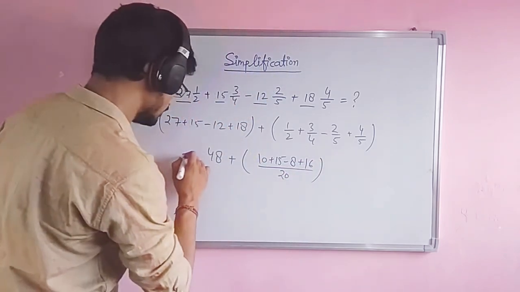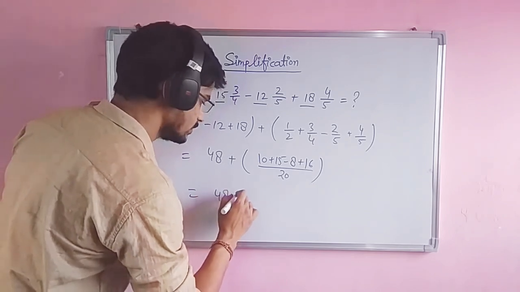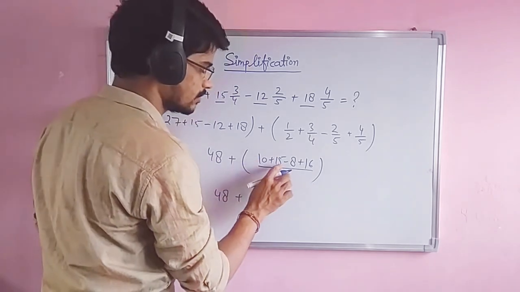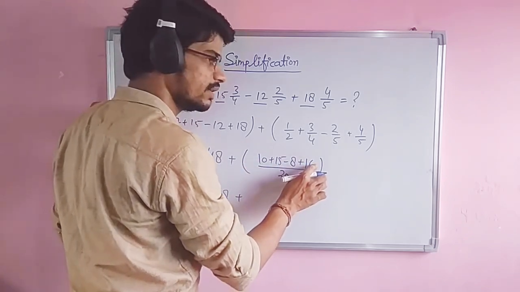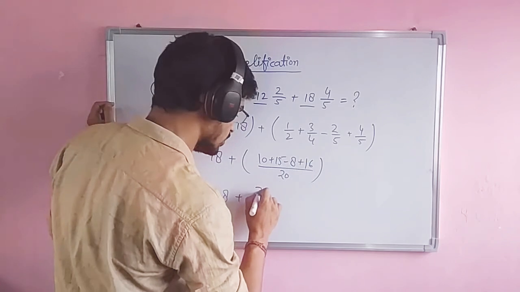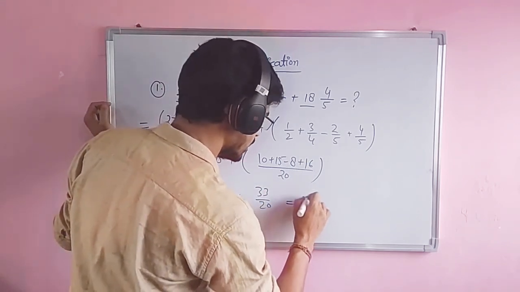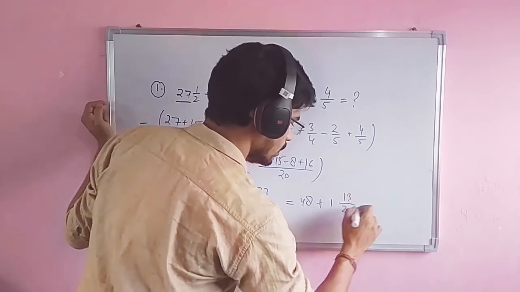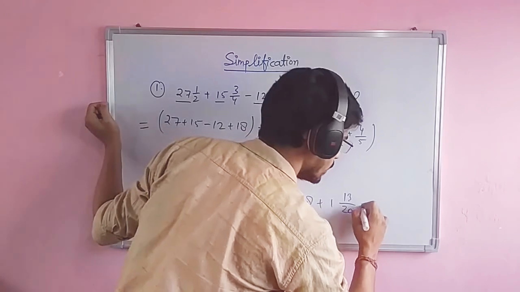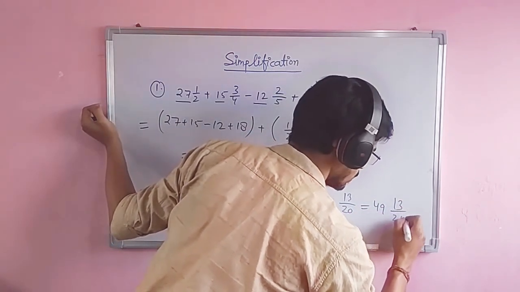Now solve this: 48 plus 15 plus 10 is 25, 25 plus 16 is 41, 41 minus 8 is 33 by 20. We write it in this form: 48 plus 1 13 by 20. Now add: 49 13 by 20 is the answer.